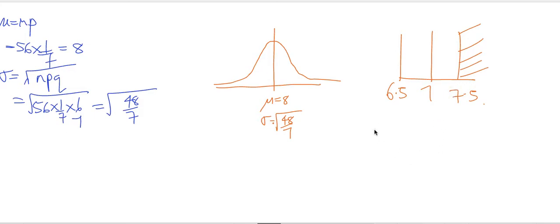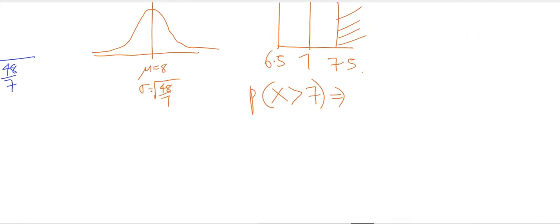So if I want to find the probability for x more than 7, I have to use the x value as 7.5, minus 8, over the standard deviation, which is root 48 over 7.